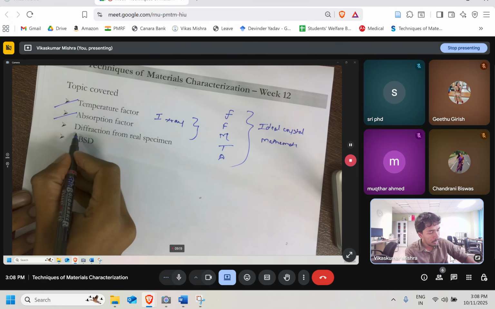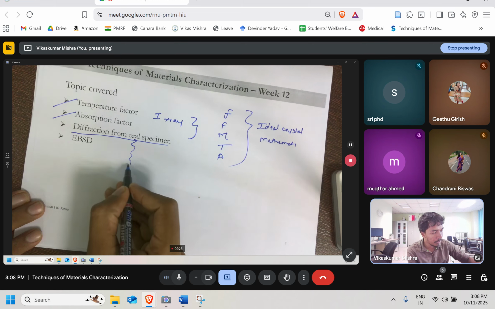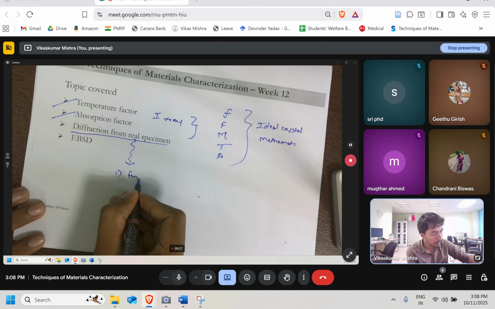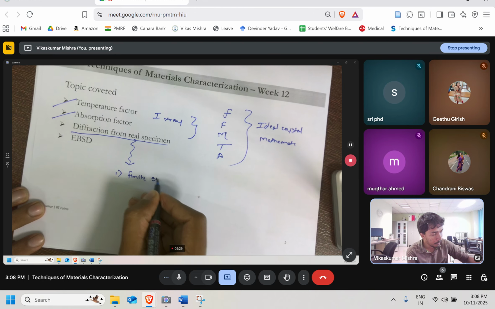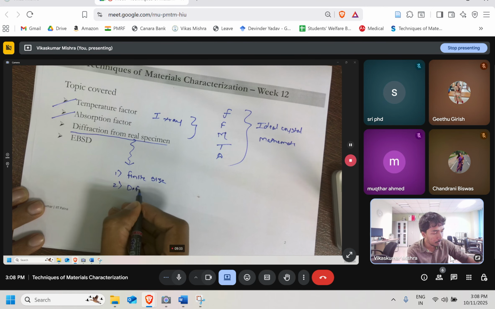But now, after a while, we'll try to understand the diffraction from the real crystal. A real crystal is the one which, the first thing, has finite size. And the second thing is that it has defects associated with it.